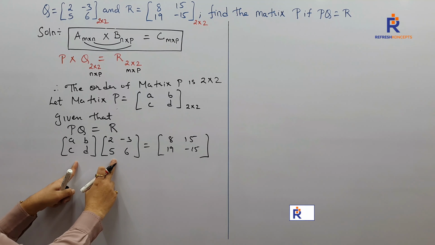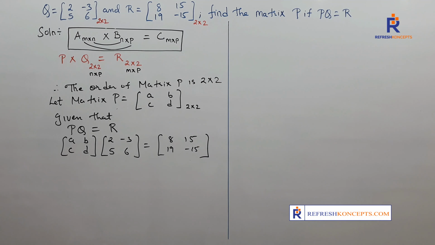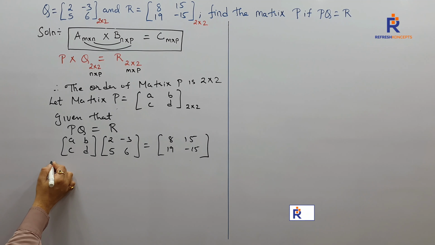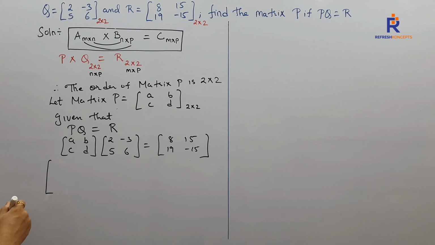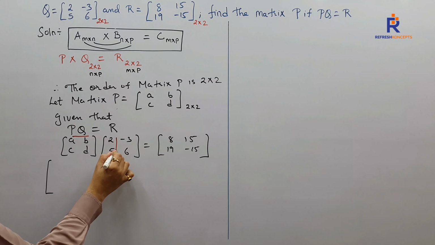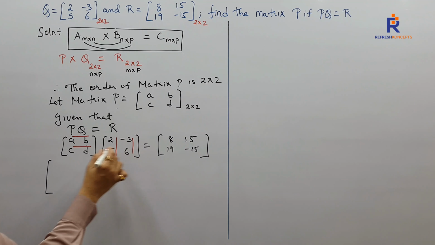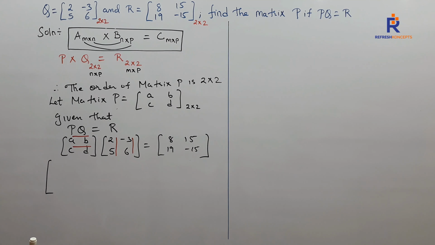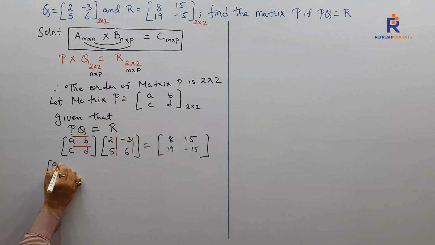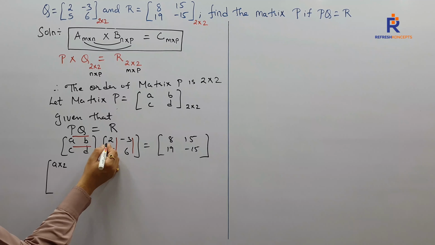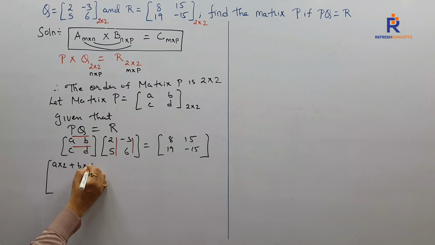We multiply this and equate it to this. Now we are very much aware of how to multiply, on the same lines as we have done earlier. My students should also do this with a pencil in their answer sheet, not with a pen. A into 2 plus b into 5.